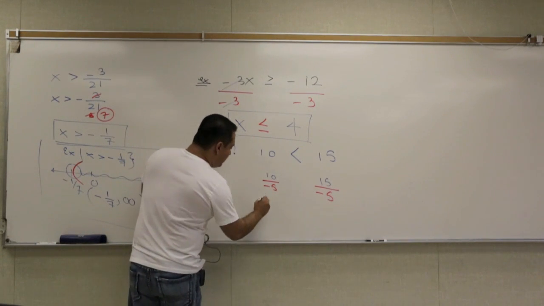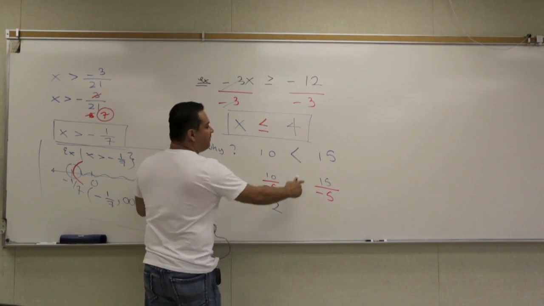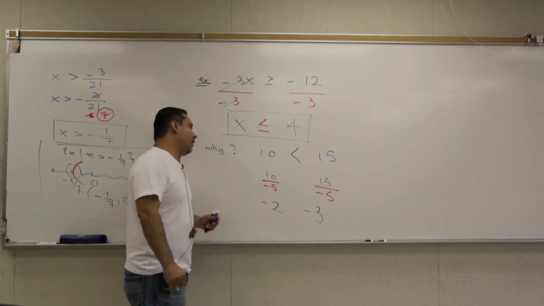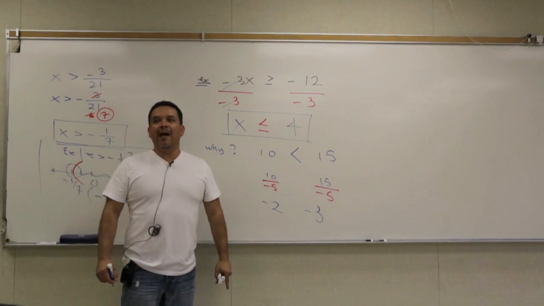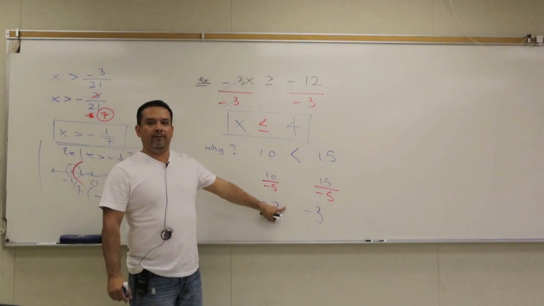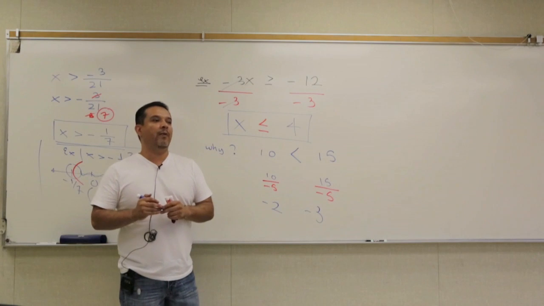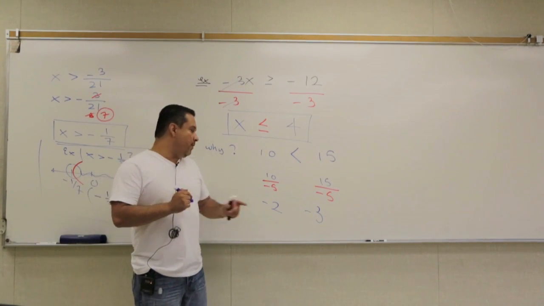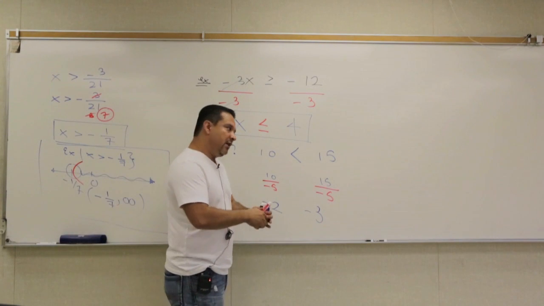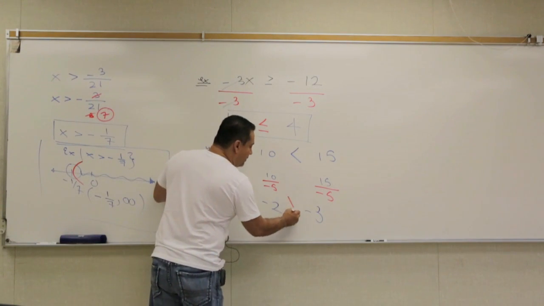That's negative 2? Okay. What's 15 divided by negative 5? Is that negative 3? Okay. So who can tell me what number is bigger? How is the symbol going to open? Is it going to open to the negative 2 or the negative 3? It opens to the negative 2? How do you know it opens to the negative 2?